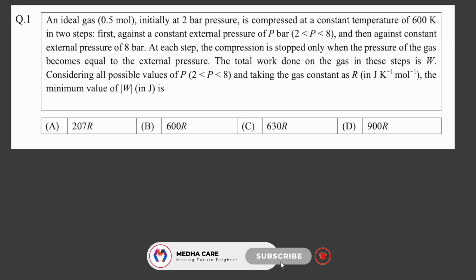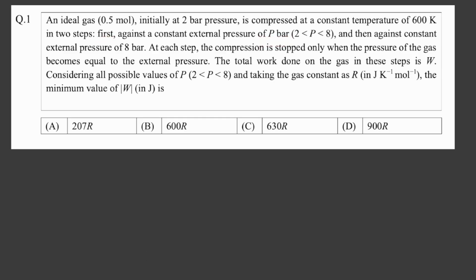First against a constant external pressure P, where P is between 2 and 8 bar, and then against a constant external pressure 8 bar. At each step the compression is stopped only when the pressure of the gas becomes equal to the external pressure. That means they have added some stopper at that particular pressure. So the work done on the gas in this process is W, considering all possible values of P between 2 and 8, and gas constant R, the minimum value of W in Joule.